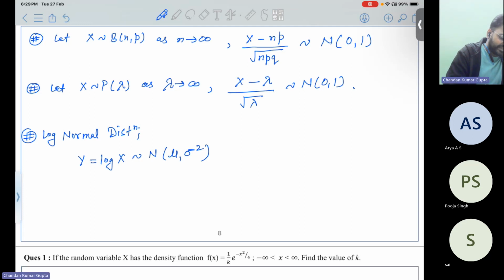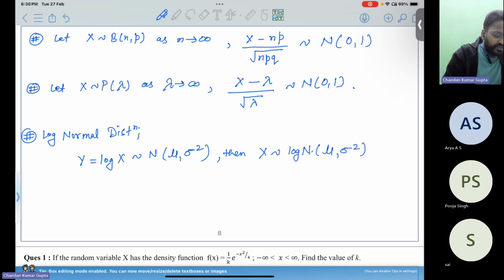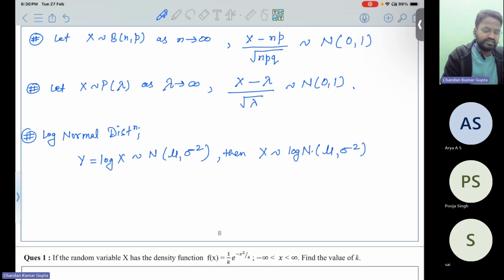Then x follows log normal distribution with parameter mu and sigma square. Here they are the parameters, not the mean and variance, in case of log normal distribution.